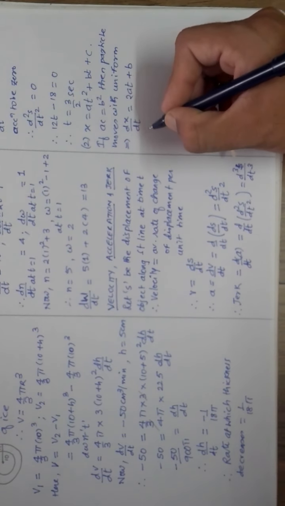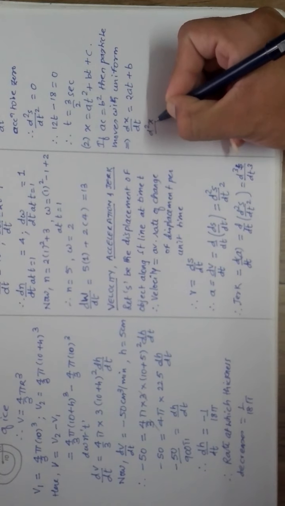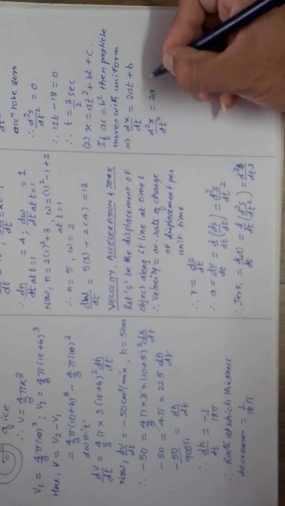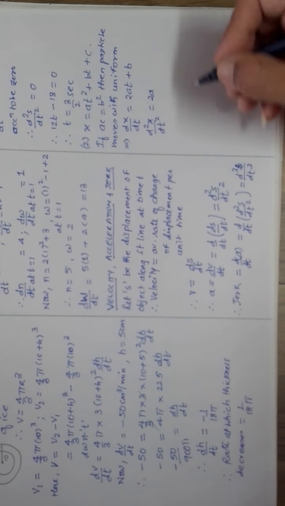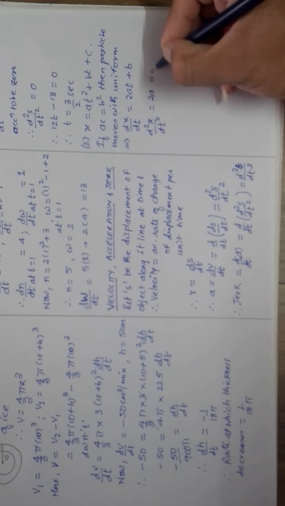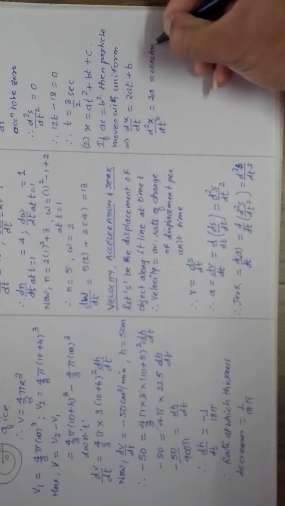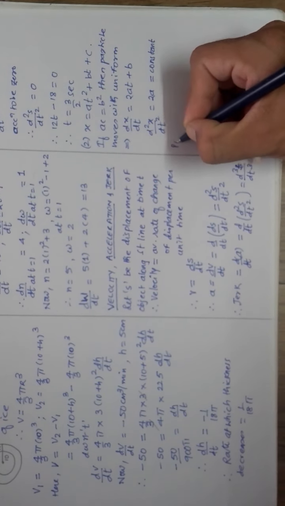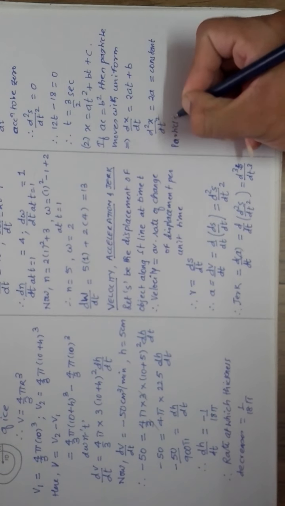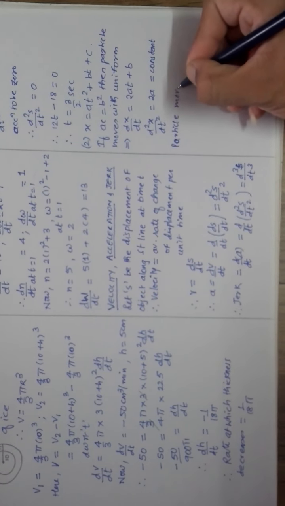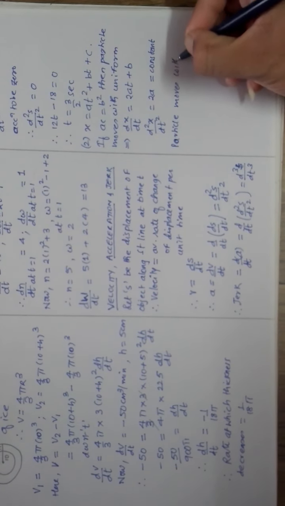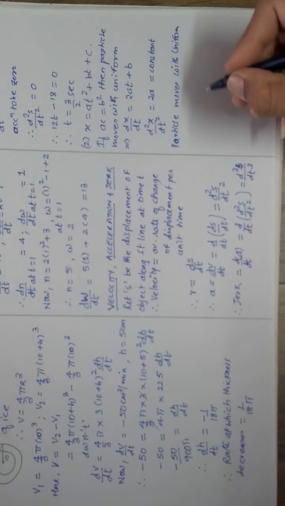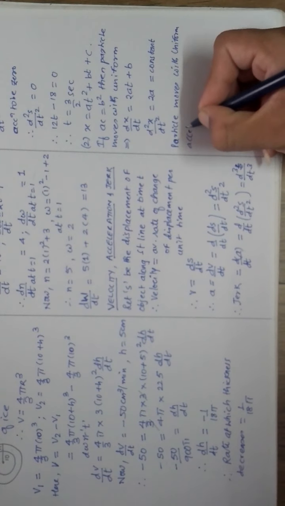So I will differentiate it again. So I get d square x by dt square. So I will get here 2a, t becomes 1 and this is 0. So that is nothing but constant now. That means this particular particle moves with uniform acceleration, d square x.